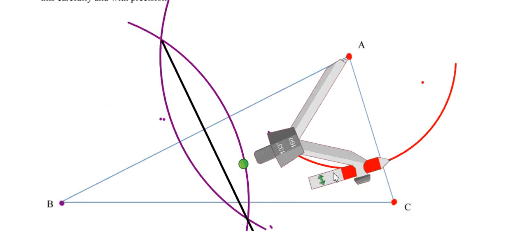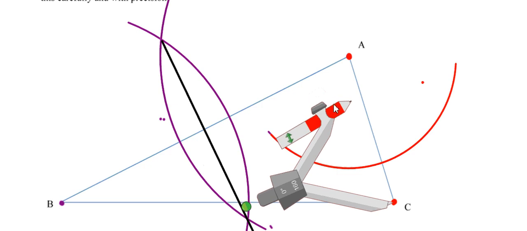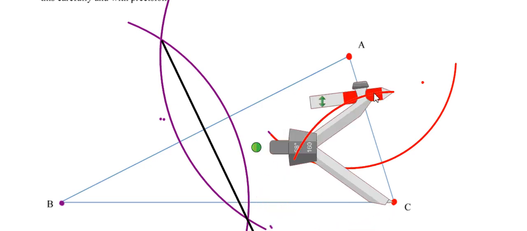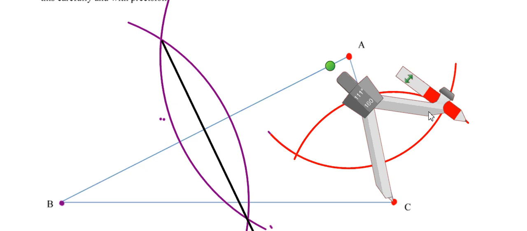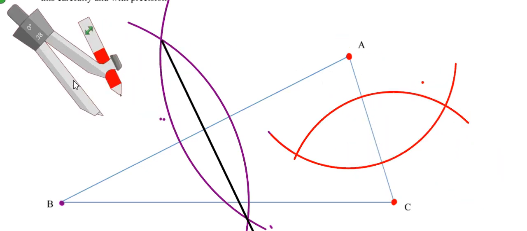That bothered me. If you don't draw those arcs big enough, you'll have to go back and redraw them so that they are drawn in such a way that they intersect. And again, I'm going to draw a nice big perpendicular bisector.